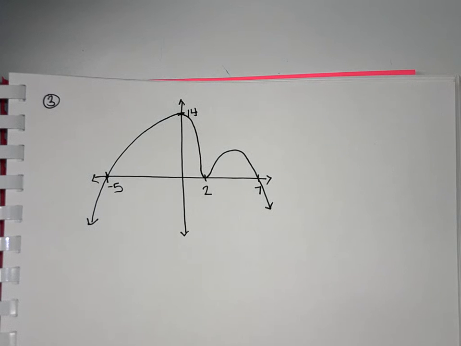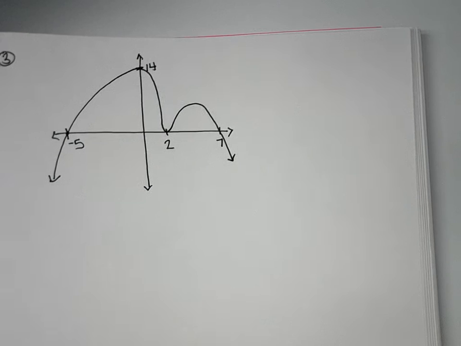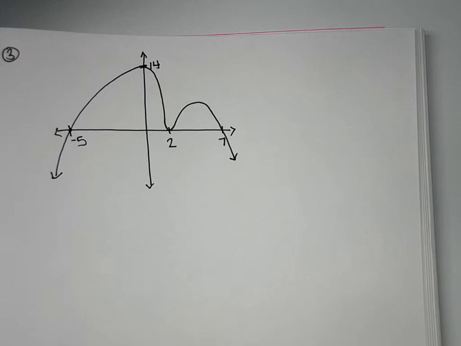Okay, so here's what our given graph looks like. What we're going to want to determine from this graph is the same information that we were given in a problem on the video last night.